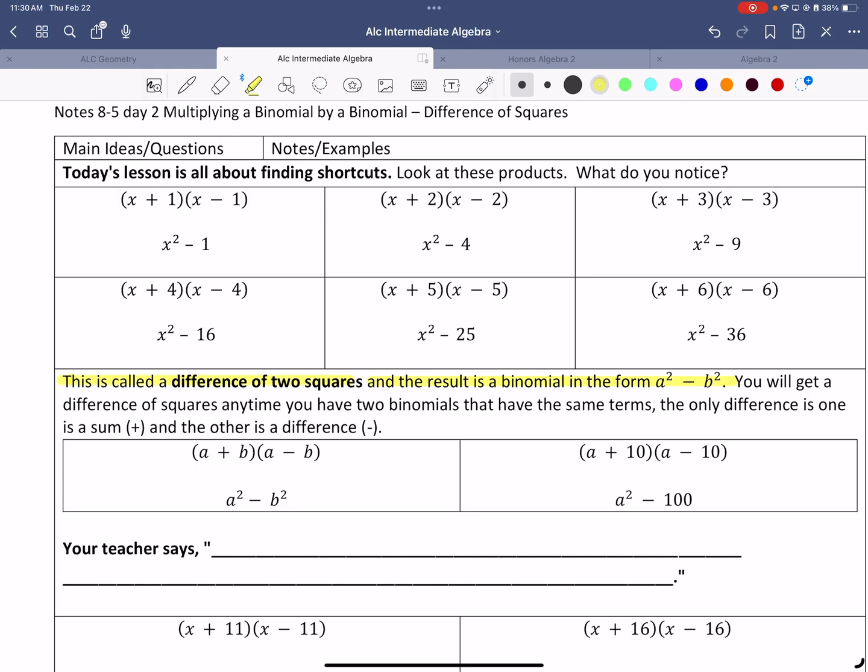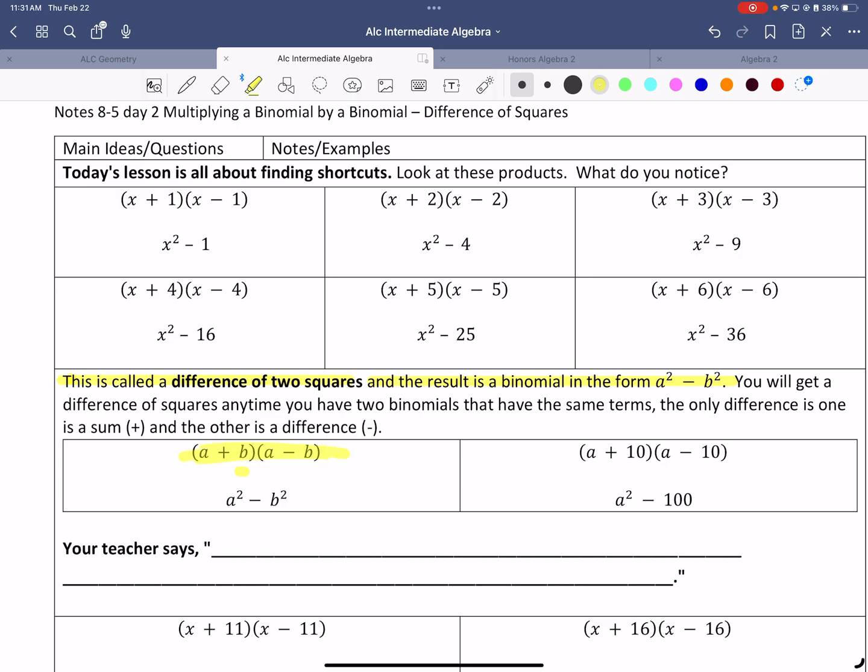You'll get this anytime you have two binomials that have the same terms, but the only difference is one is positive and one is negative. So again, this is just a shortcut, and it only works when the terms are the same but the signs are different. And when that happens, we can eliminate that middle term.